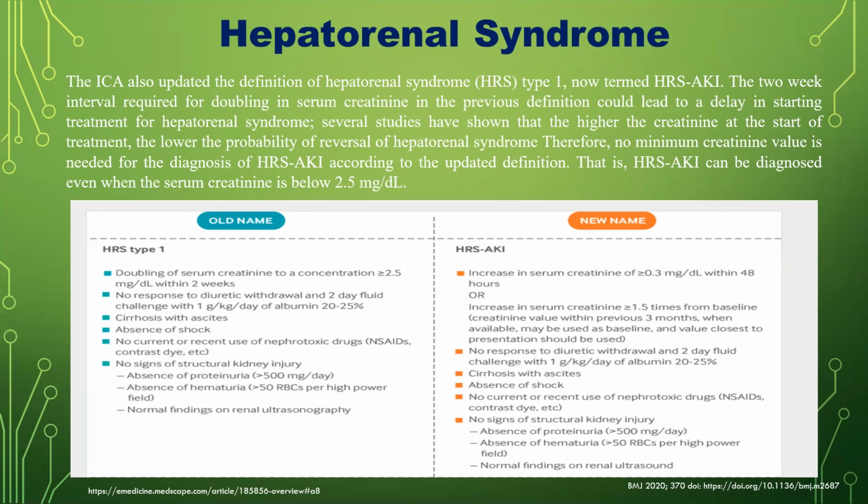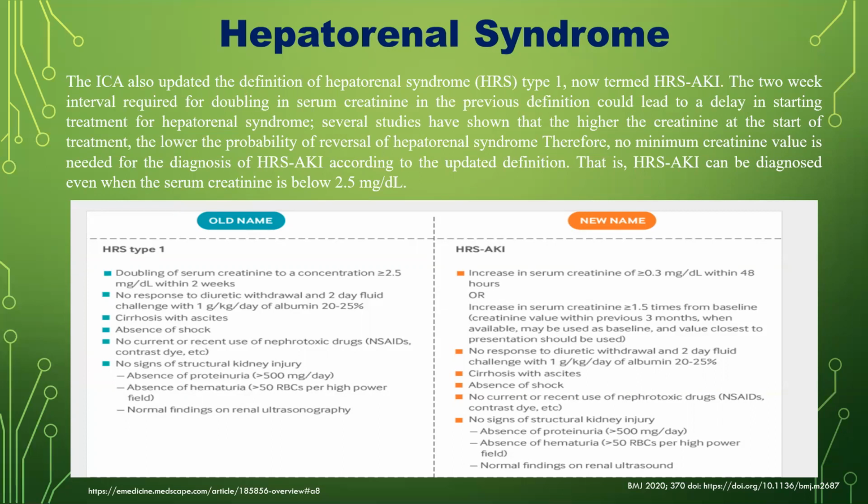Several studies have shown that the higher the creatinine at the start of the treatment, the lower the probability of reversal of hepatorenal syndrome. Therefore, no minimal creatinine value is needed for diagnosis according to the updated definition, and this syndrome type 1 can be diagnosed even when the serum creatinine is below 2.5 milligrams per deciliter.